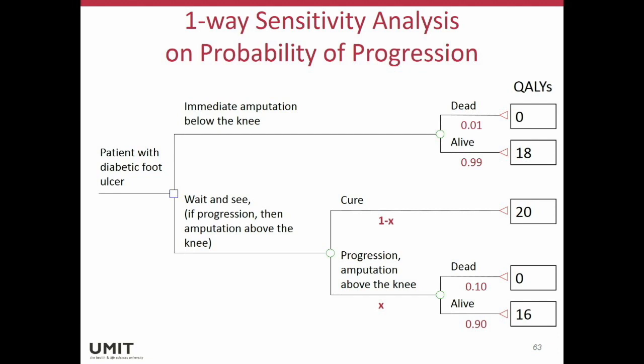It may be 50% or 20%. We just put X. And we call that a one-way sensitivity analysis, which means we change one parameter and we check whether our result is sensitive to that change. So the rest is what you already learned, but now it gets a little bit more mathematical and interesting.